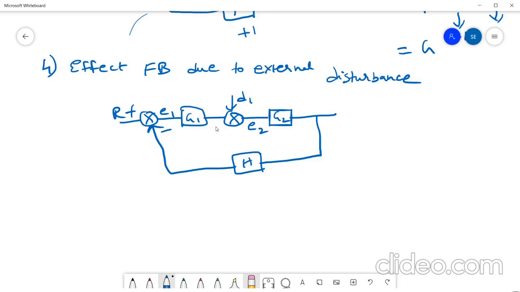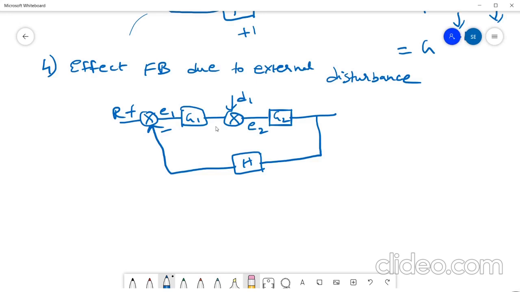Similarly, if you are trying to reduce D1 as well, we will reduce this effect, the H effect. Similarly, due to H, the overall disturbance in the loop can be reduced, right? So these are different parameters in which the feedback can affect your system.